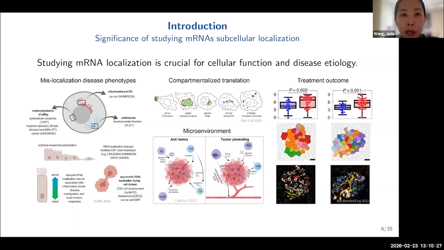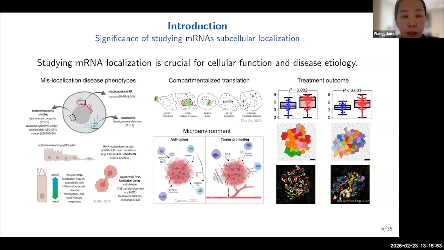Also, if you consider the microenvironment, cells are communicating with each other, and neighboring cells may be communicating using a particular type of molecule, which is something we're interested in. And we know the microenvironment in tissues can be related to treatment outcome.